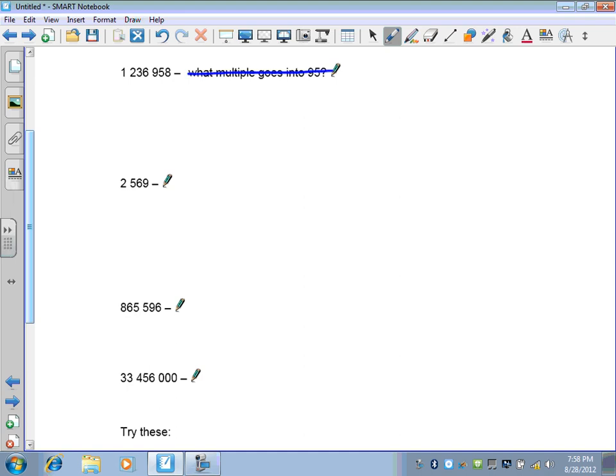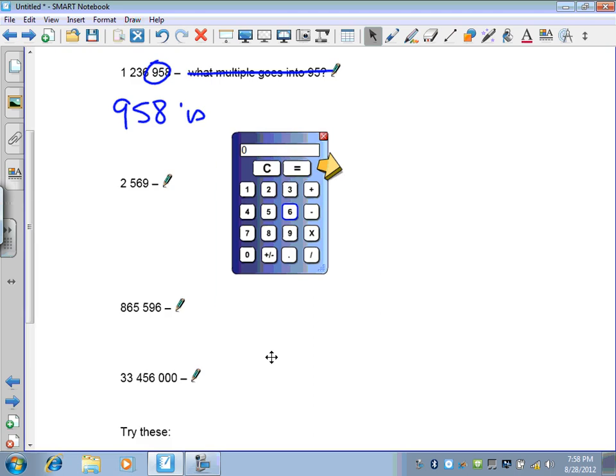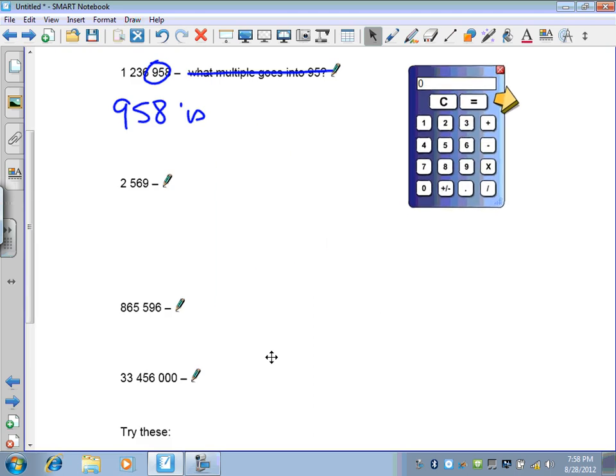So you've got 1,236,958. What you have to do is check that number. 958. Is it divisible by 8 evenly or not? So get out your trusty calculator and do the calculations. 958 divided by 8 equals, look at that, 119.75.